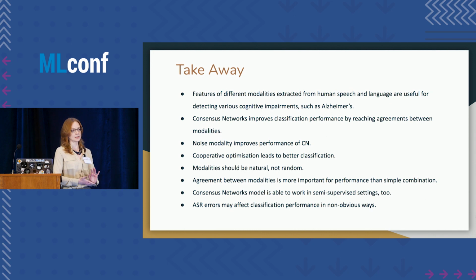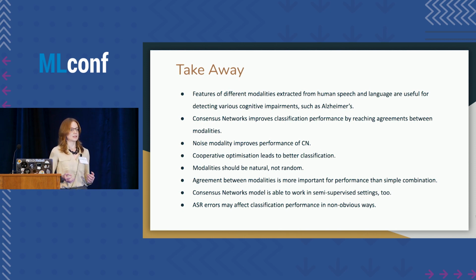Noise modality is important if you want to improve the performance of classification. Cooperative optimization is also an important trick that leads to better classification. Modalities should not be random. They should be natural as they arise in human speech: acoustic, syntax, semantics, and so on.